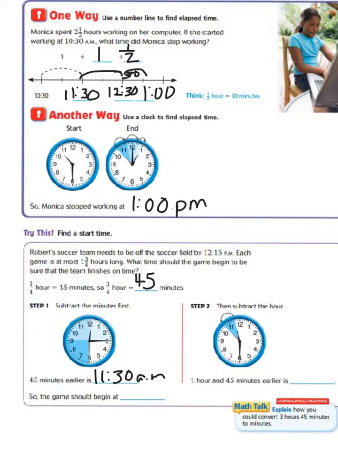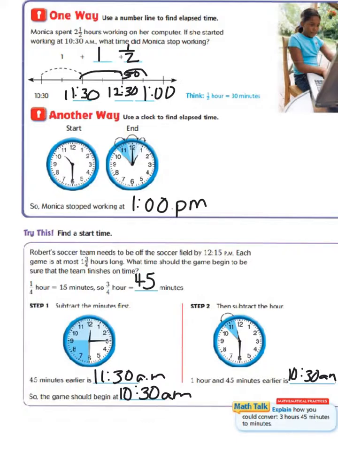So step 2 is then subtract the hour. So 1 hour and 45 minutes earlier is going to be 10:30 a.m. So the game should begin at 10:30 a.m. Now be careful of this.